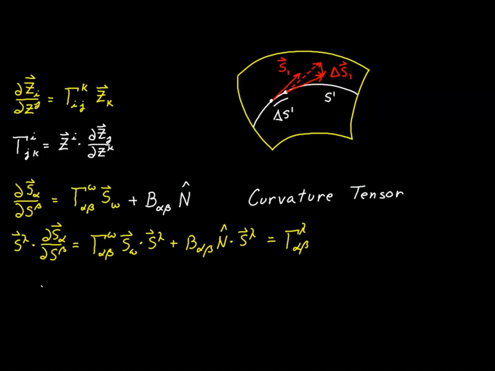We would have gamma alpha beta omega, and if we rename the indexes the same way on the other side, that's going to give us S alpha dotted with a partial of S beta with respect to S omega. And I'm sure you see it, that means this form right here, this one, is exactly the same form as this, just using surface coordinates instead of our z coordinates up here.